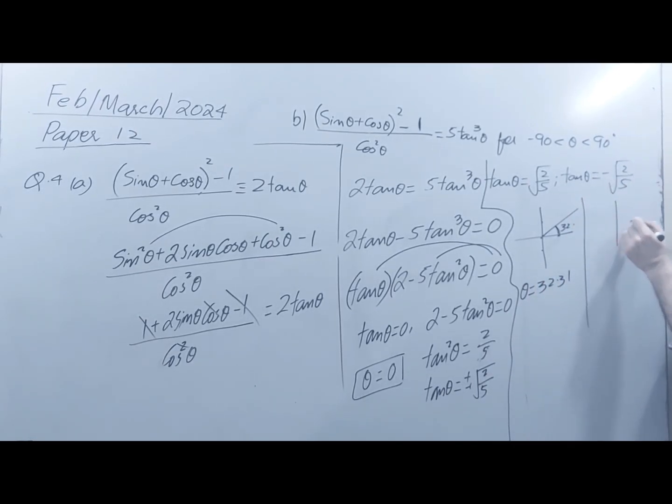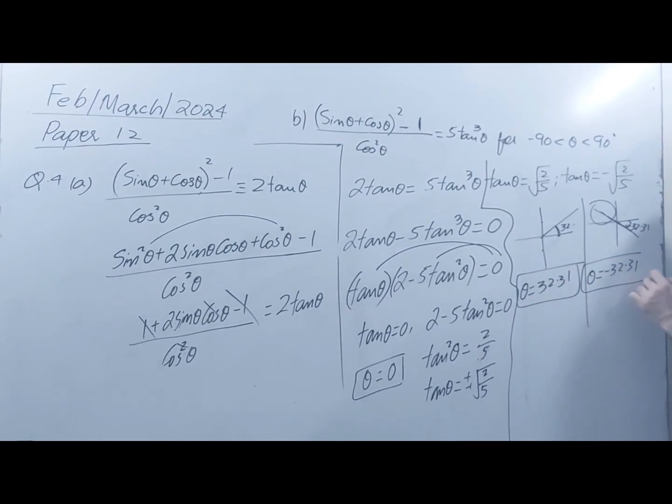Similarly, tangent is negative in the second and fourth quadrants. The second quadrant is of no value because we can't go there, but the fourth is, because it's a clockwise angle, so it would be negative. It would be the same angle but negative. So it's minus 32.31, because minus 90 is allowed, so we can go clockwise.